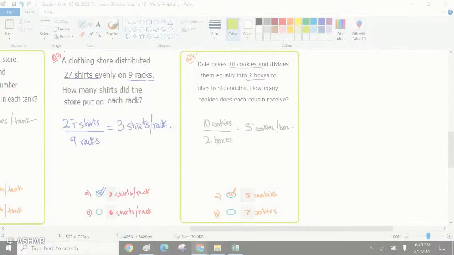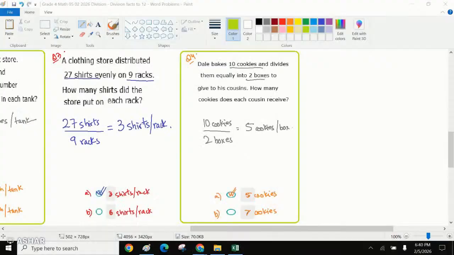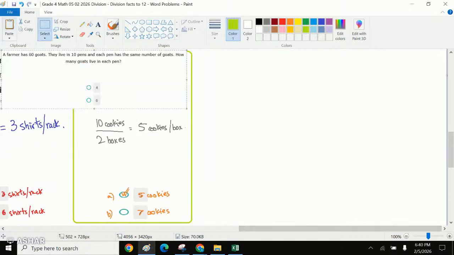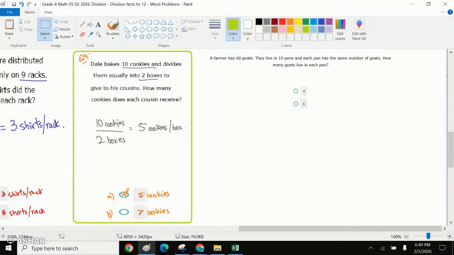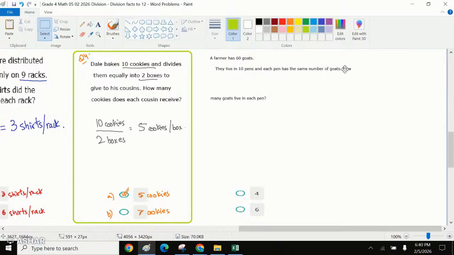A farmer has 60 goats. They live in 10 pens. They are living in 10 partitions, right? So let's see what we can say over here. How many goats would be there per pen?